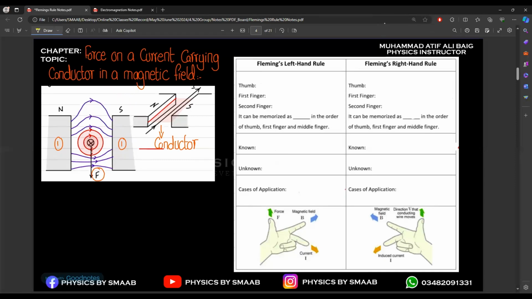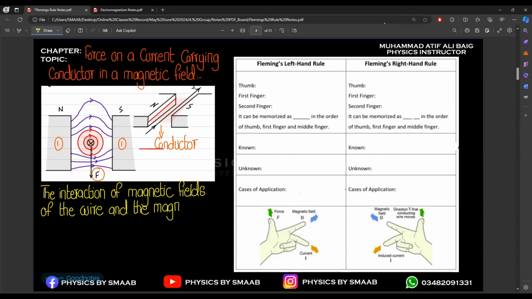So what happens due to the interaction of magnetic fields of the wire and the permanent magnet, because now we have two magnetic fields.